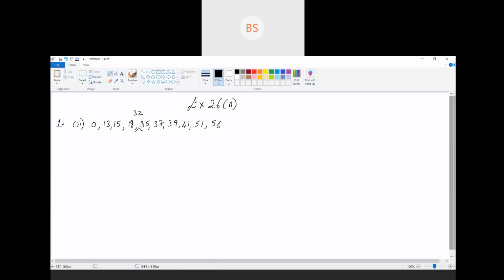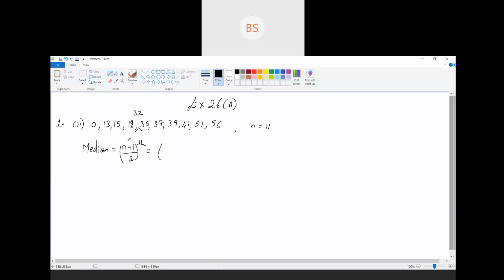So they have given here a total of 11 numbers together. So here the number of observations is odd. When the number of observations is odd, median is given by (n plus 1) by 2 th observation. We know here n is 11.